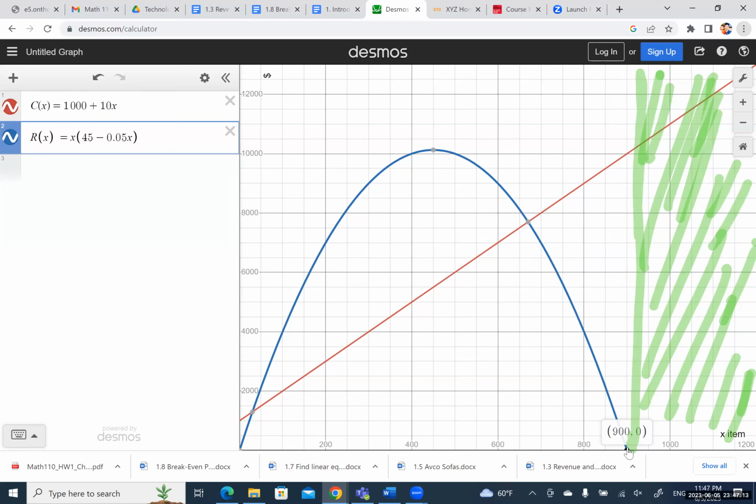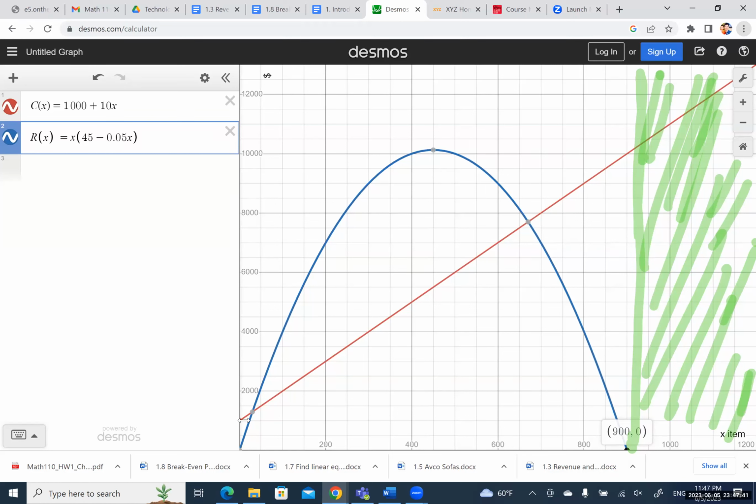So at that point we don't need to go further than 900. Do you agree with me? Since after that all revenue is going to be negative, right? We don't want revenue to be negative, because that's when we lose, and you don't want that to happen. So you want to focus on the area before 900 and after 0.